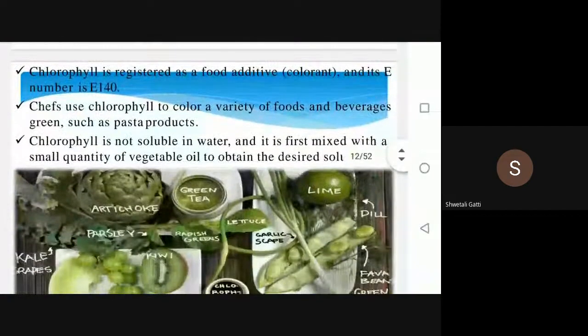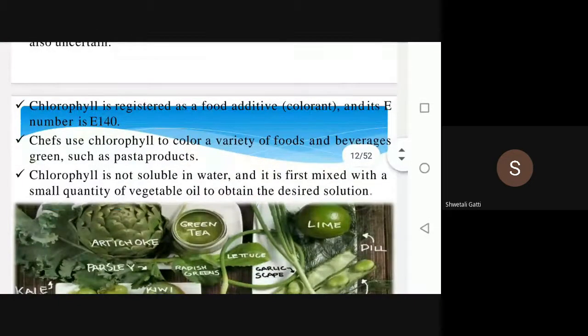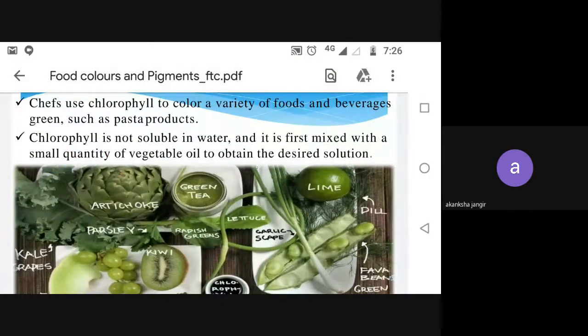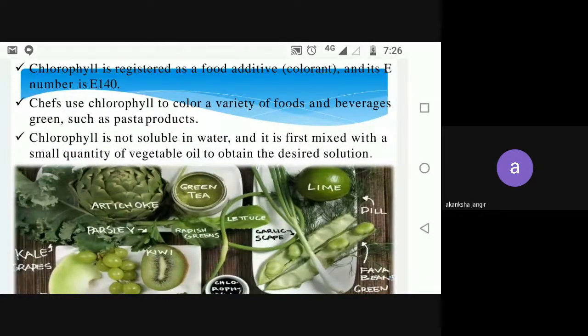Now, chlorophyll is registered as a food additive, and its E number is E140. So, can you tell me now, chlorophyll A imparts what type of color? Deep green. Chlorophyll B?